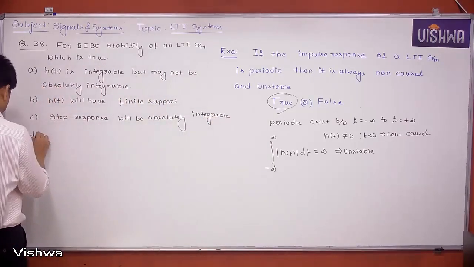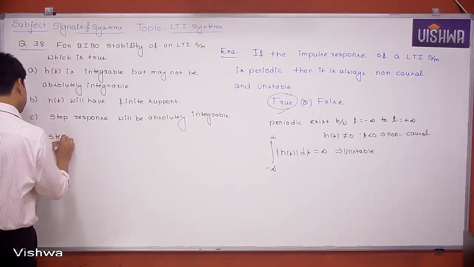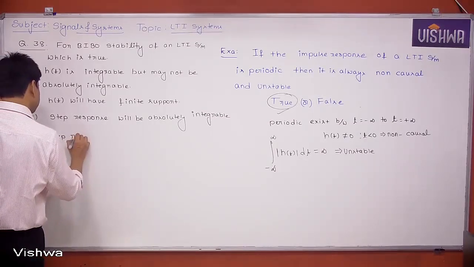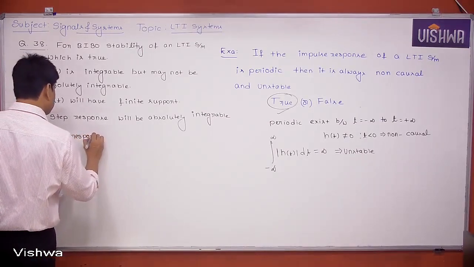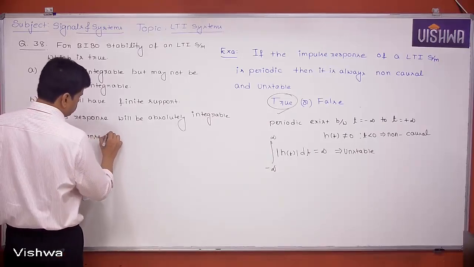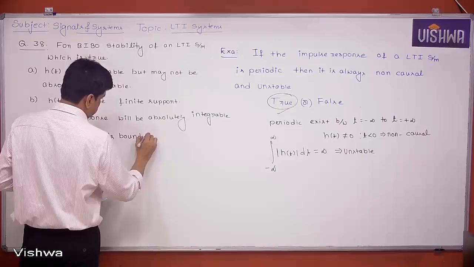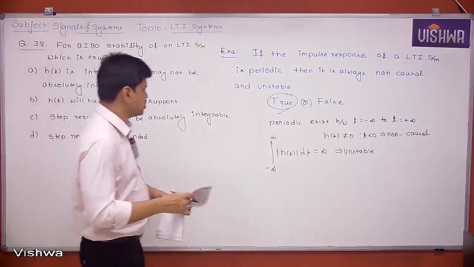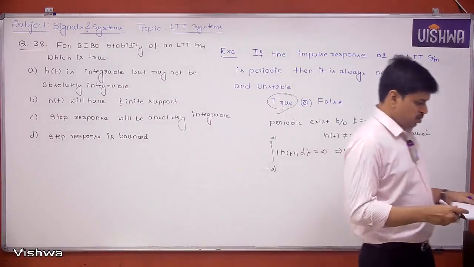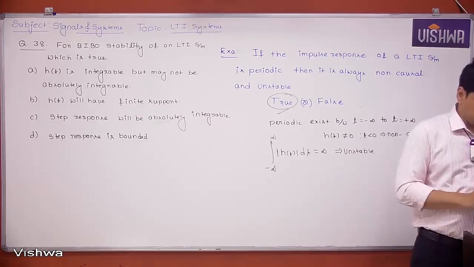Option D. Step response is bounded. So, which of the following options is correct?